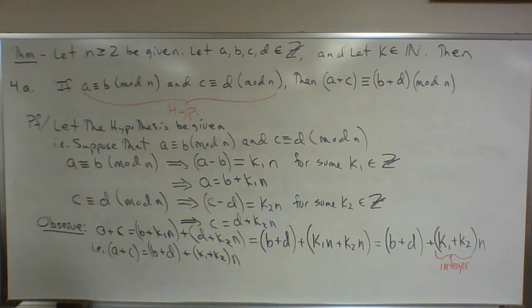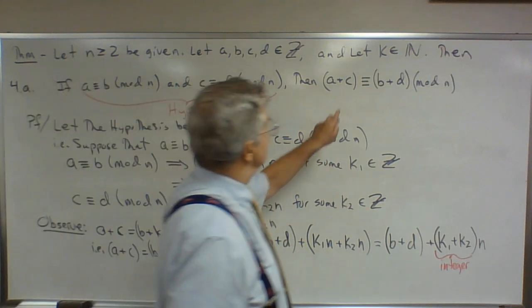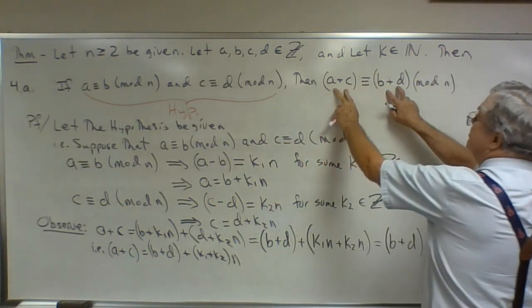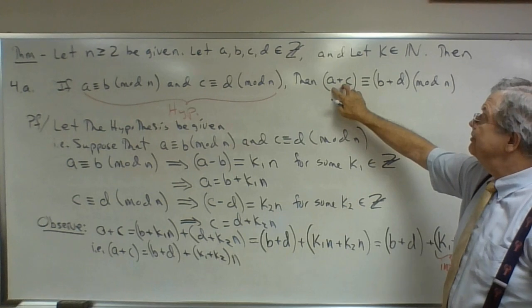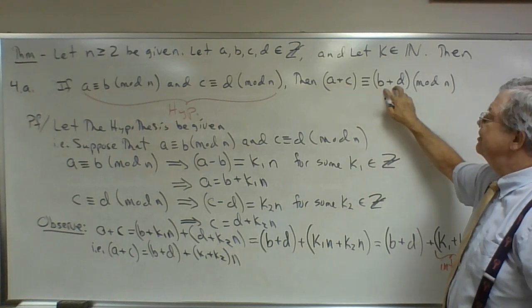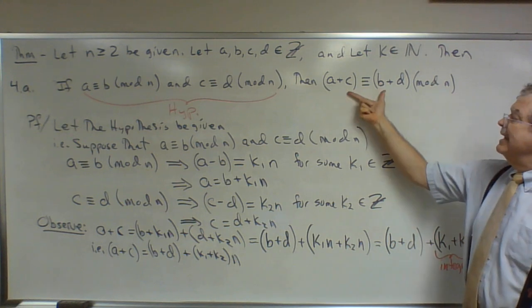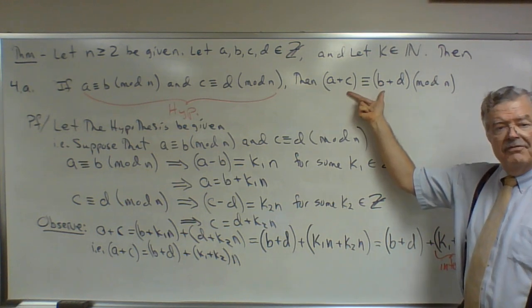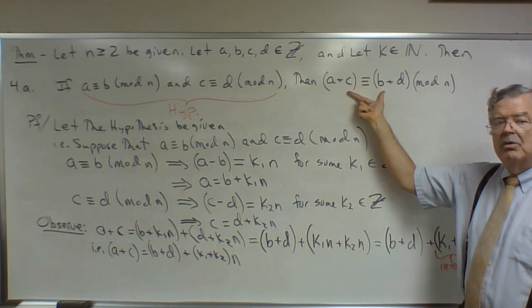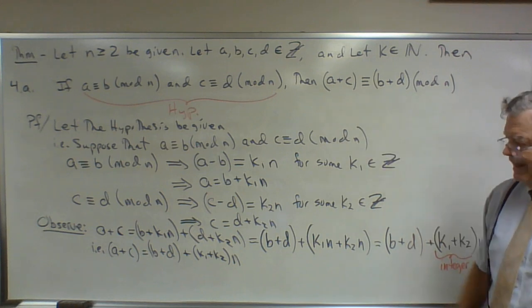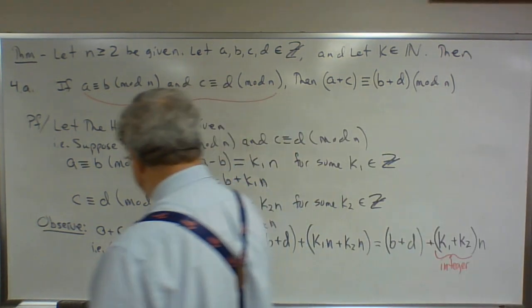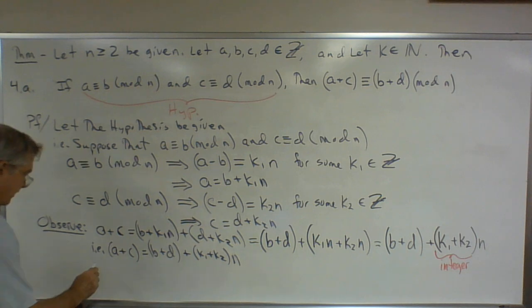And what did we really want to find out? We wanted to find out the relationship between A plus C and B plus D. We wanted to show that A plus C is congruent to B plus D. And one way we can do that is to show that their difference is a whole number multiple of n. Okay, let's look at their difference.